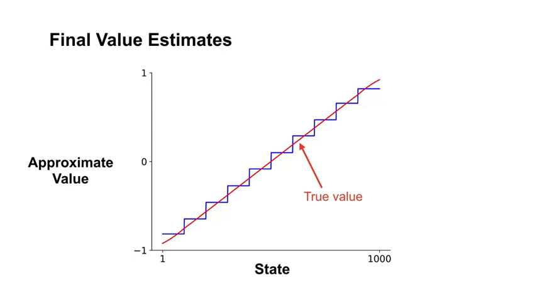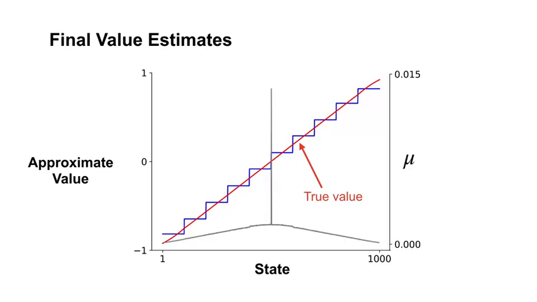For comparison, here's the true value function. Although we have heavily approximated by aggregating many states together, our value estimate is not that far off. Why doesn't the red line pass directly through the center of all the blue steps? This is where mu plays an important role. Recall mu of s is the visitation frequency for state s.